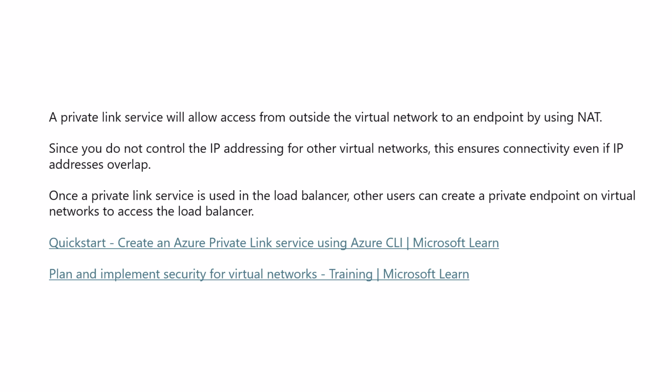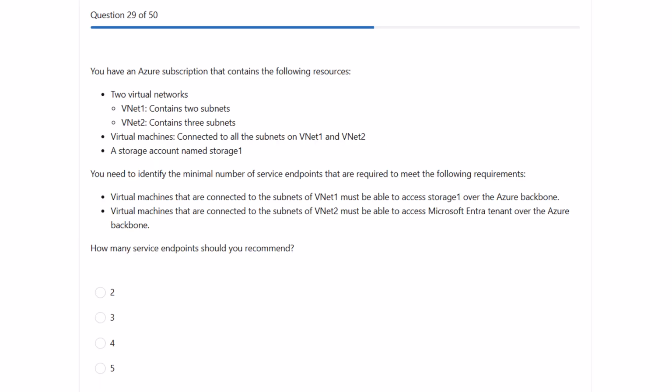Since you do not control the IP addressing for other virtual networks, this ensures connectivity even if IP addresses overlap. Once a private link service is used on the load balancer, other users can create a private endpoint on virtual networks to access the load balancer.